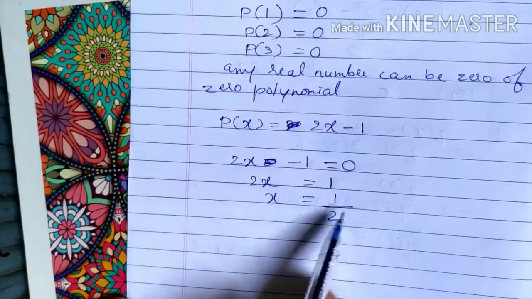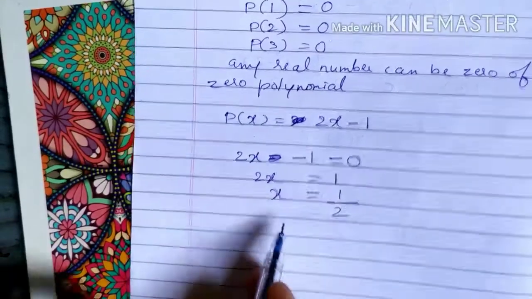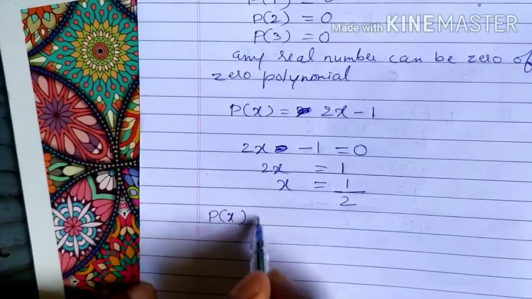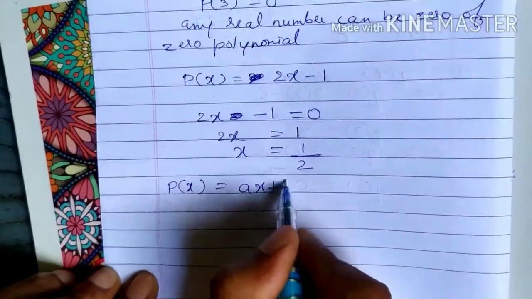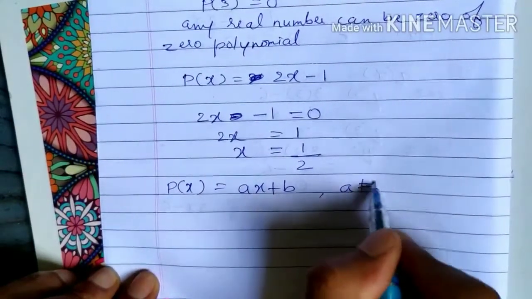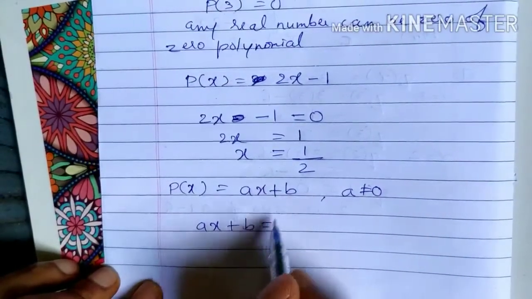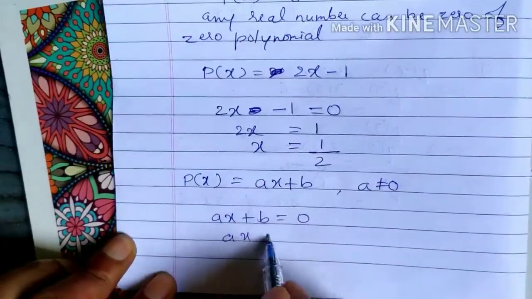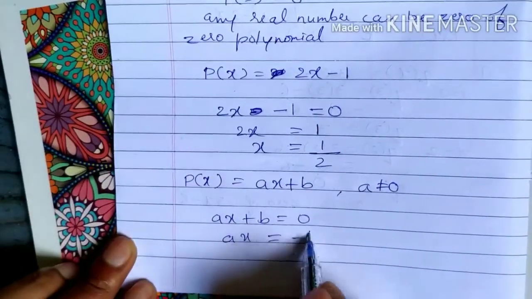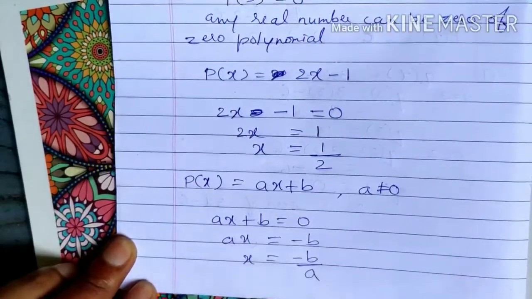So this is how you find the zero of a linear polynomial, by equating it to 0. In general, the general form of a linear polynomial is ax plus b, a not equal to 0. To find the zero of this polynomial, equate it to 0, and ax is equal to plus b becomes minus b, and x is equal to minus b divided by a.